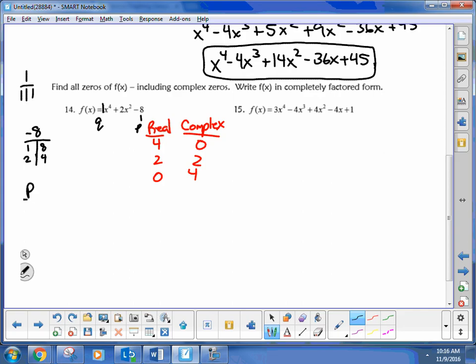So really all my solutions for p divided by q, this is going to be all the p values, because remember, p is going to be plus or minus 1, plus or minus 2, plus or minus 4, plus or minus 8. And my q values are going to be plus or minus 1. Oh, so it makes this even more interesting.